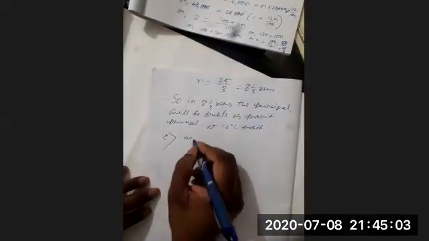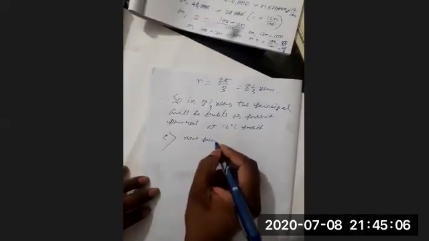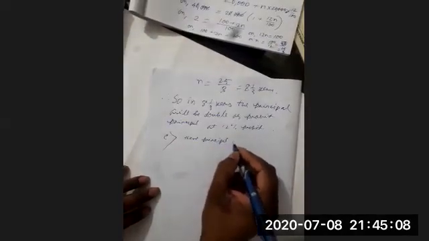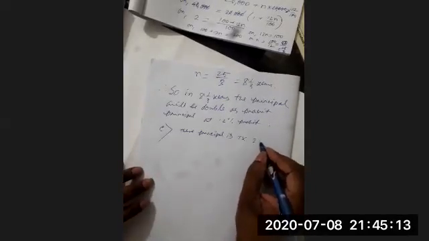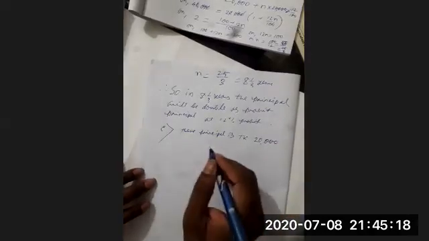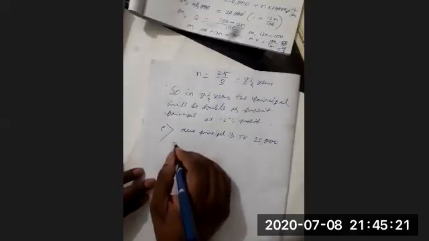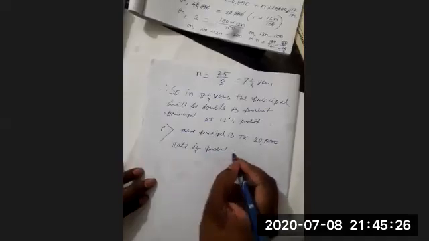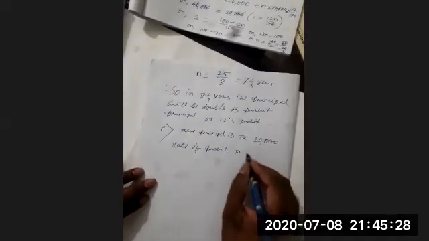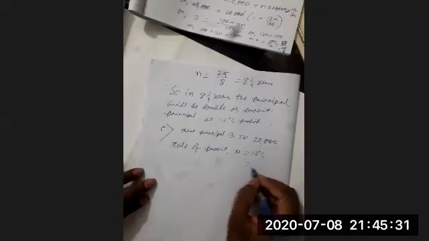Simple profit and compound profit. Here principal is 20,000. Rate of profit R equal 10%, that is 10 by 100, 1/10 per annum.